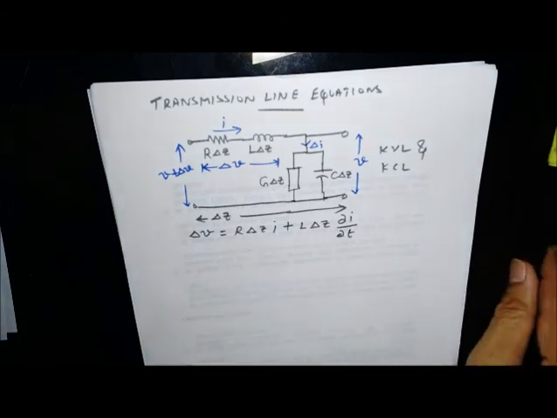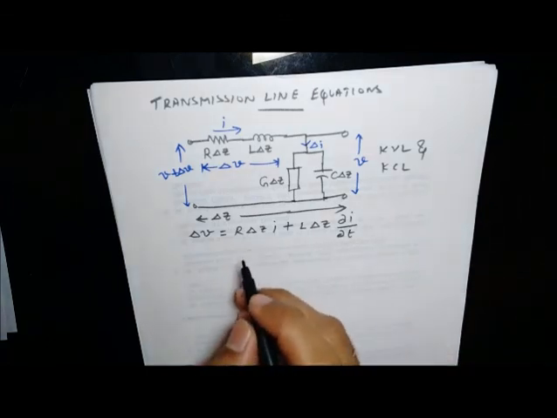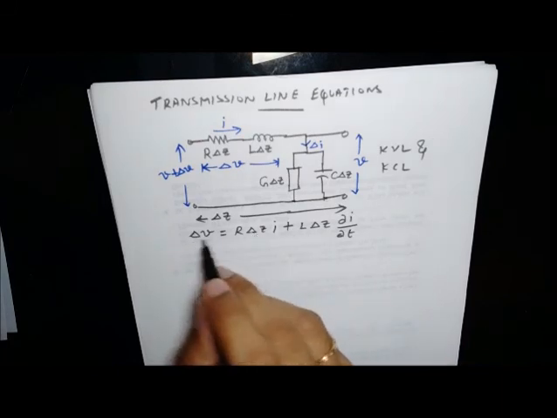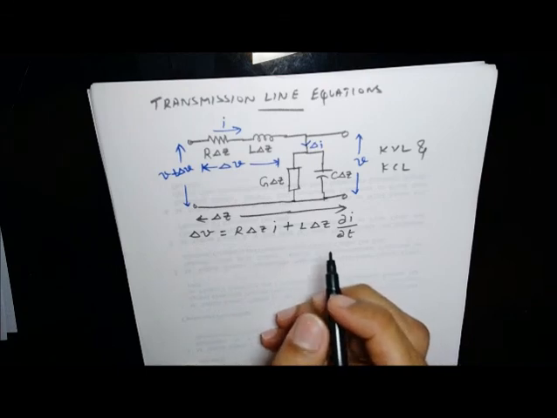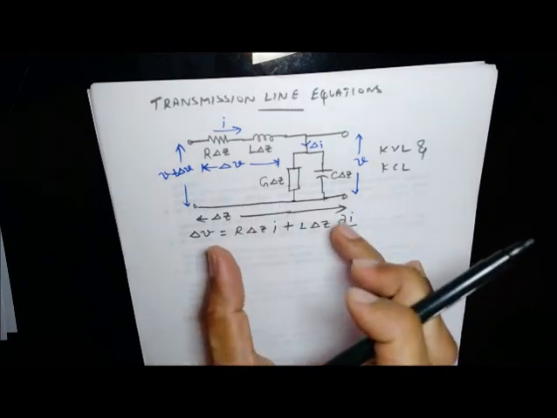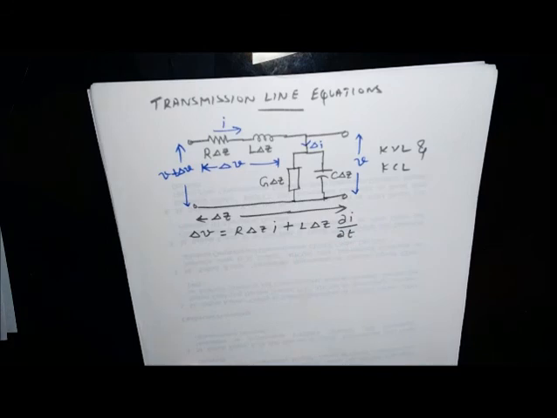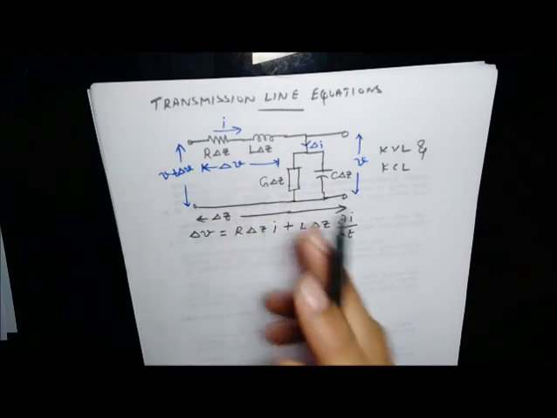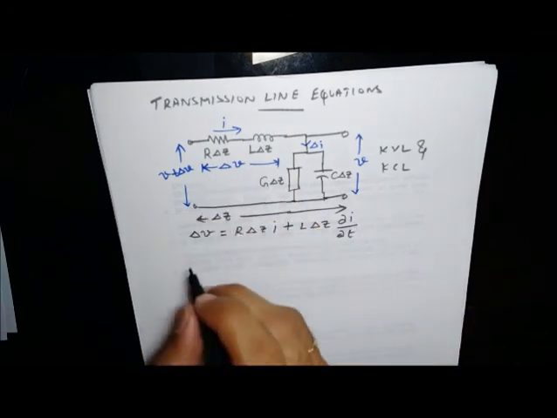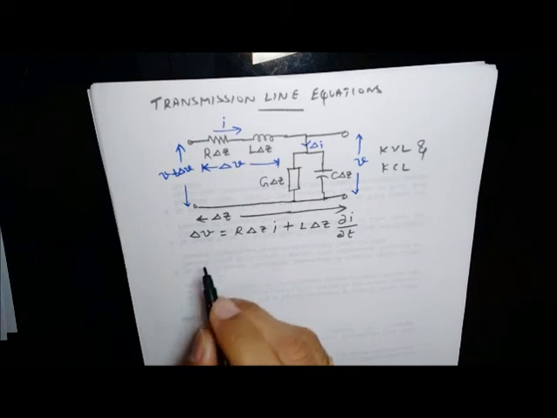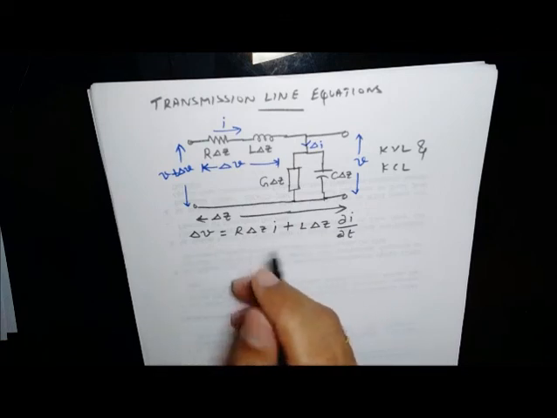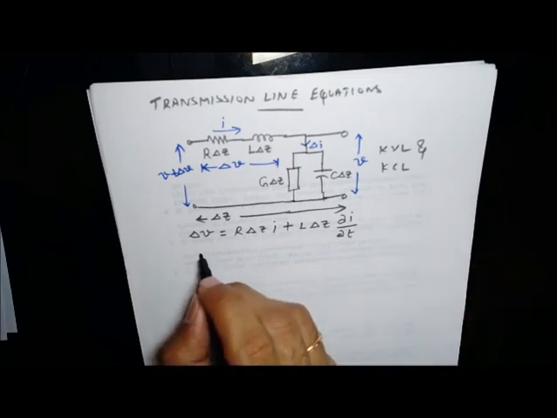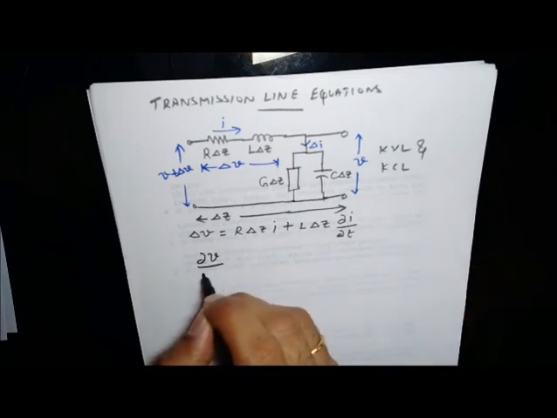Now we can divide both sides by delta z, and assuming that this section is very small, in the limit as delta z becomes very small, we can write a differential equation like this.